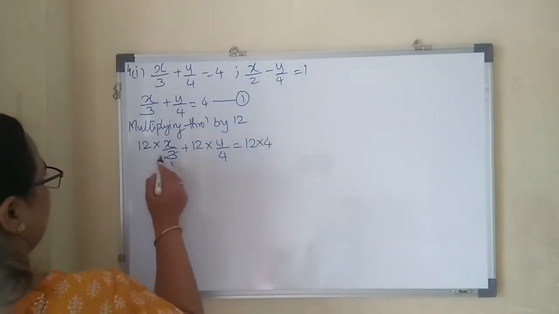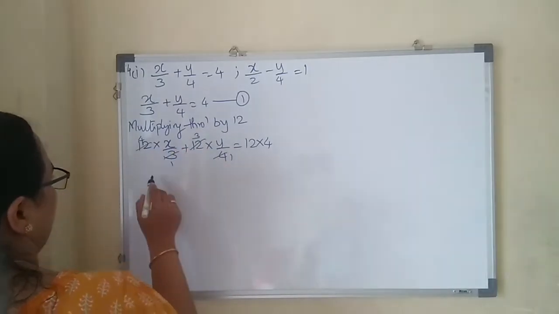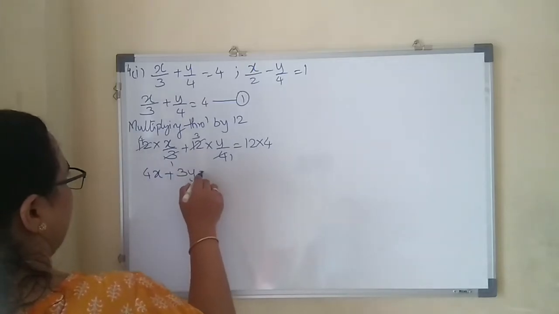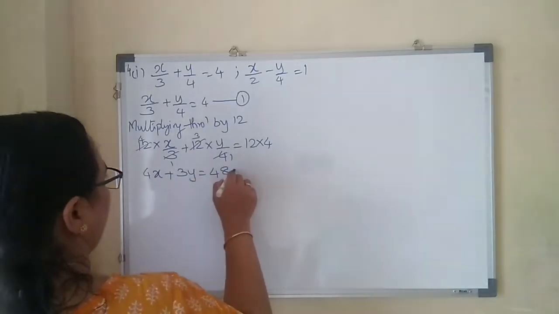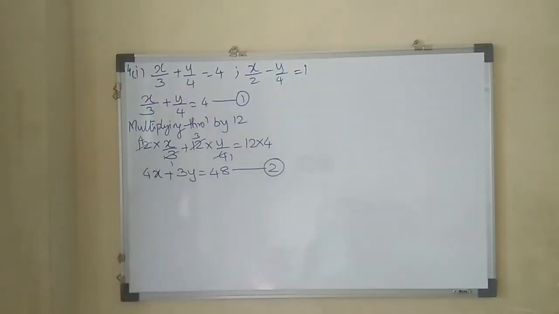So 3 fours are 12, 4 threes are 12, and 12 times 4 is 48. So you have 4x plus 3y equals 48. I'll keep this as equation 2. I hope this is quite clear. Now look at the next equation.